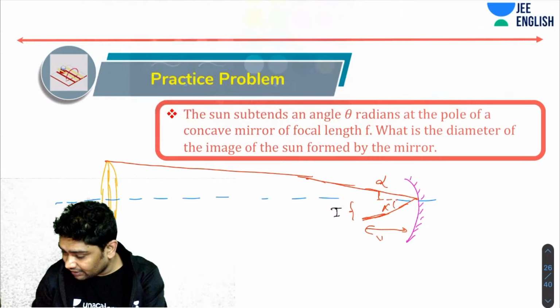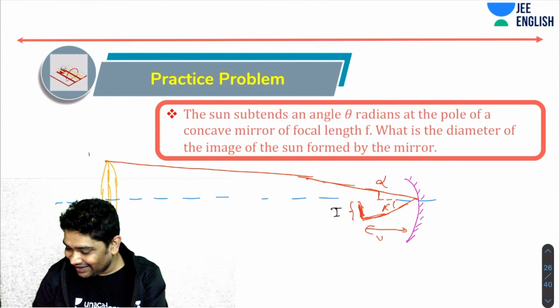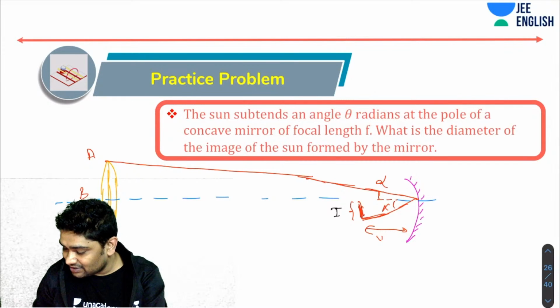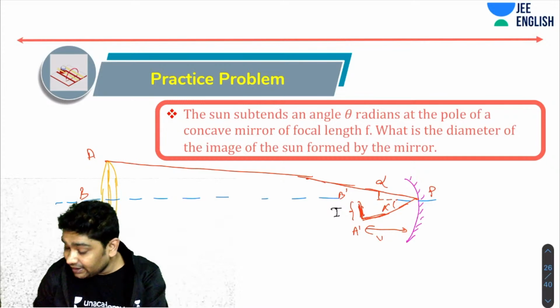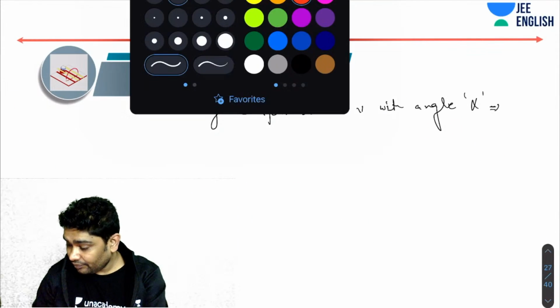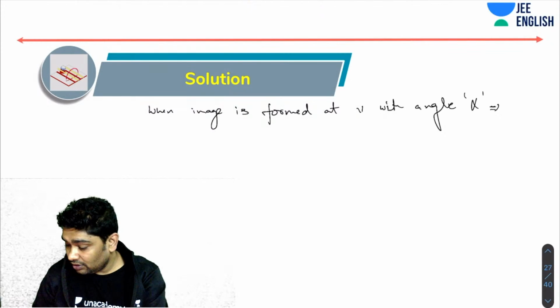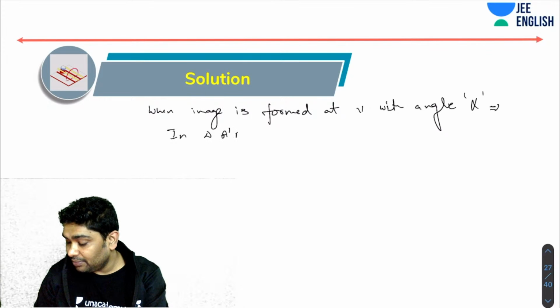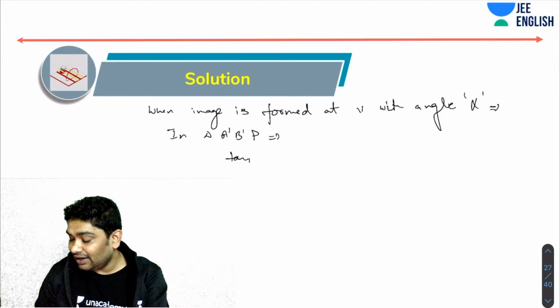So focus on this triangle. Let's say this is A, this is B, then this is B dash, this is A dash, and this is P. So in the triangle A dash B dash P, tan alpha equals A dash B dash over v.